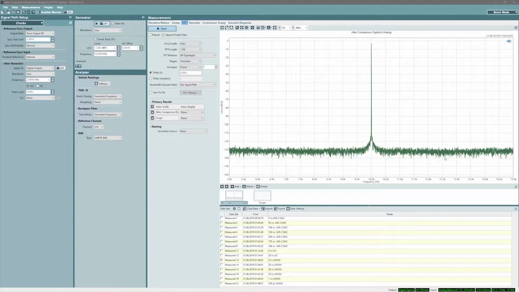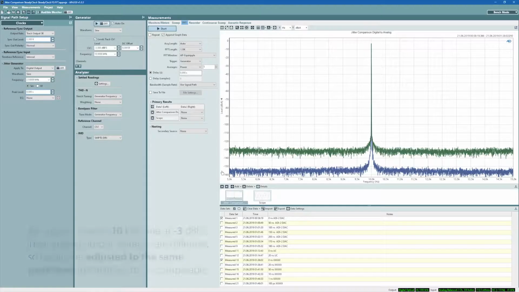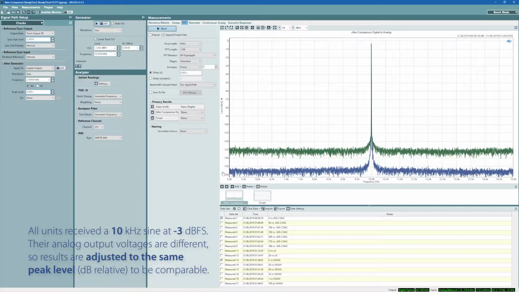Now, if you have a little bit experience with this kind of FFT measurements, you will notice that here, where we see a nearly full-scale 10 kHz sine, the noise floor shown at minus 130 dB is too high. If you compare this to an ADI2 DAC measurement, then you will see the noise floor there is at about minus 155, using the same DAC chip.